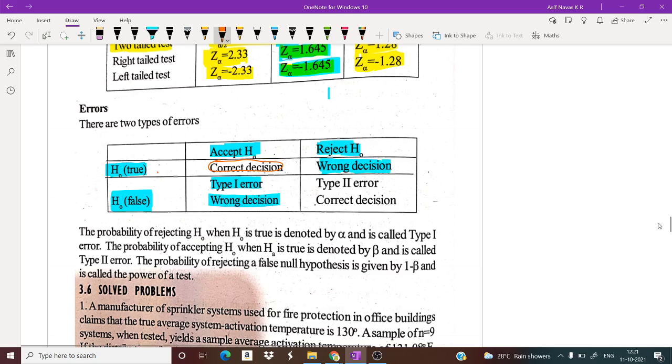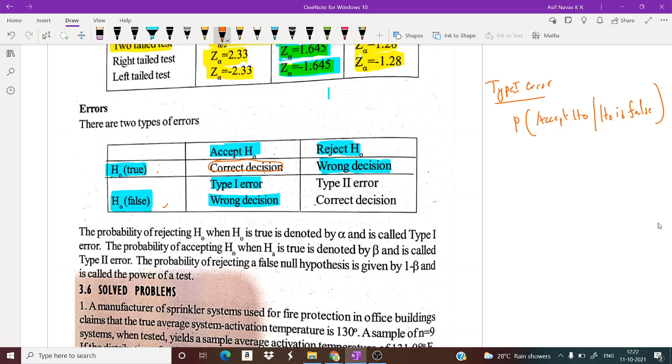It is the probability of accepting H naught when H naught is false.